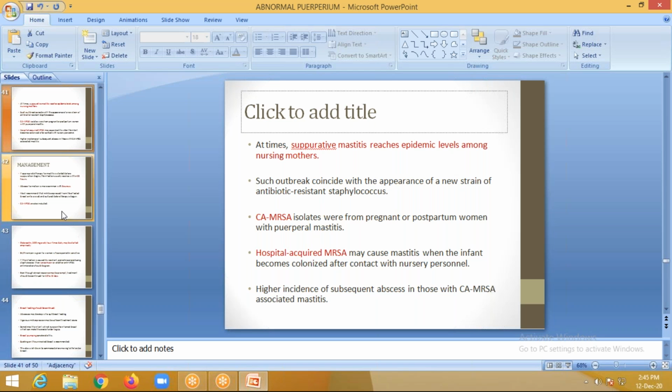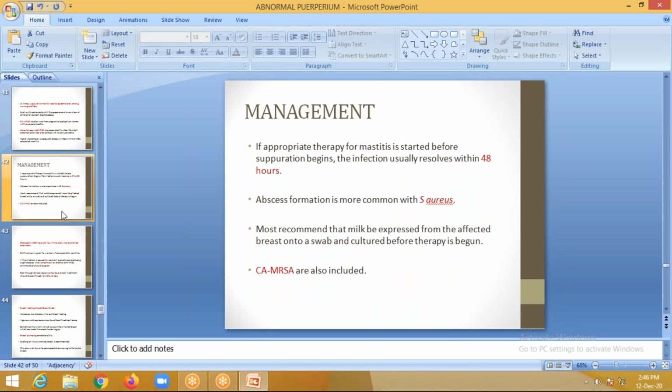At times, suppurative mastitis reaches epidemic levels among nursing mothers. Such outbreaks coincide with the appearance of a new strain of antibiotic-resistant Staphylococcus. There is a higher incidence of subsequent abscess in these cases, and hospital-acquired MRSA is also associated with mastitis.